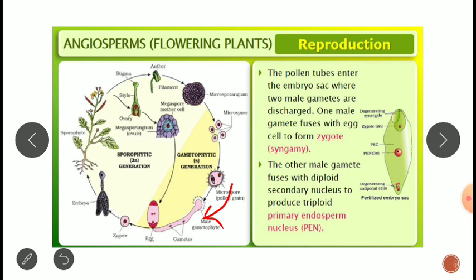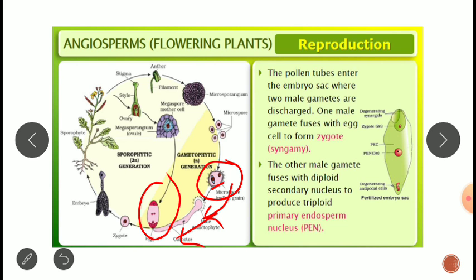But here what is happening? In the pollen grain, there are two male gametes, that is, two gametes in each pollen grain. So these are dispatched into the pollen tube. Through the pollen tube into the stigma, they are dispatched and go and reach the egg.